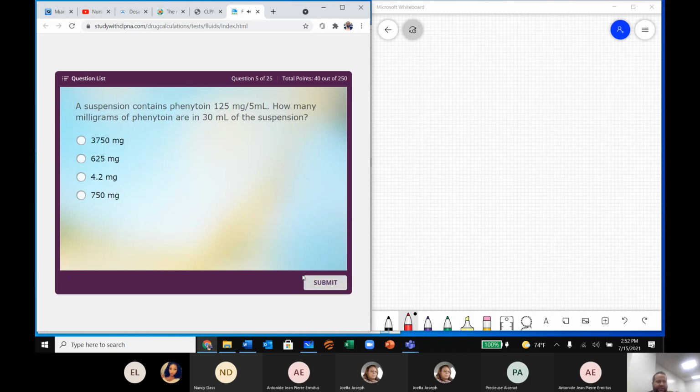Perfect. Next problem. The suspension contains phenytoin 125 in 5 ml. How many milligrams of phenytoin are in 30 ml?